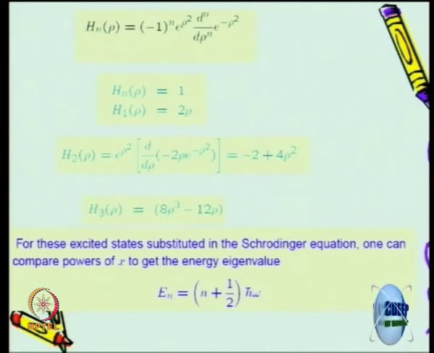I have already showed that once you put a truncation in the series, you automatically find that the energy has to be quantized, and wherever we truncate, if we set a plus 2 to be 0, then the corresponding energy, we call it E subscript n, will be n plus half h cross omega, and you will go up to a polynomial series up to that. Okay. H2 will have the highest polynomial power, which is rho square. If you want to write H4, the highest polynomial power will be rho power 4 and will be only even powers.